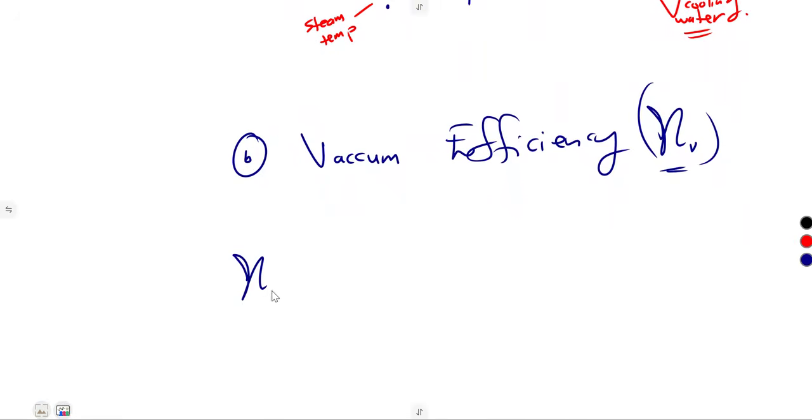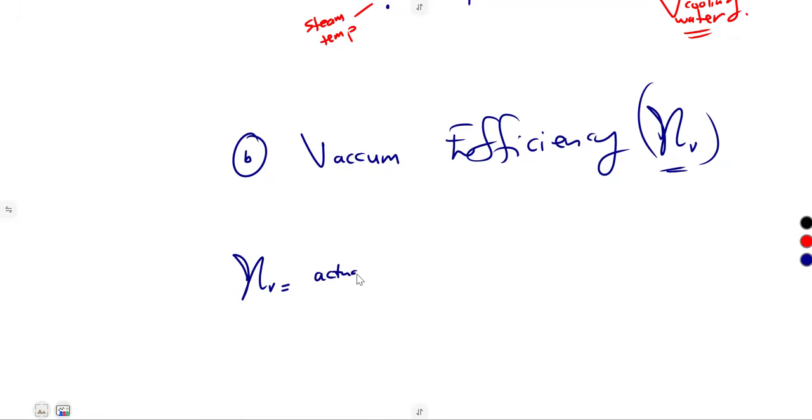We can calculate the vacuum efficiency from the gauge pressure. It is actual gauge pressure over ideal gauge pressure.